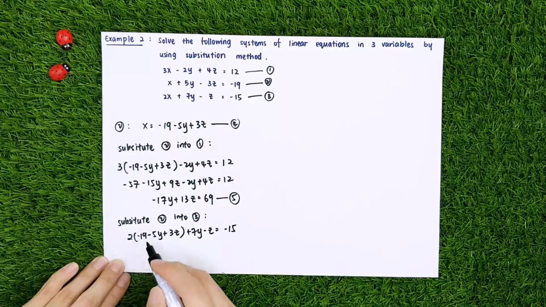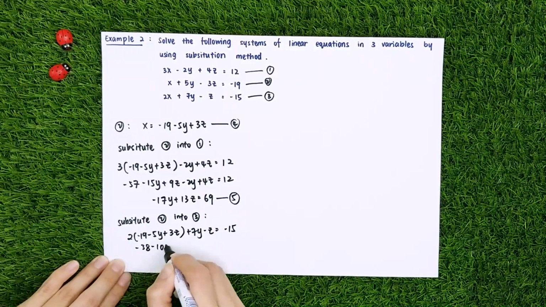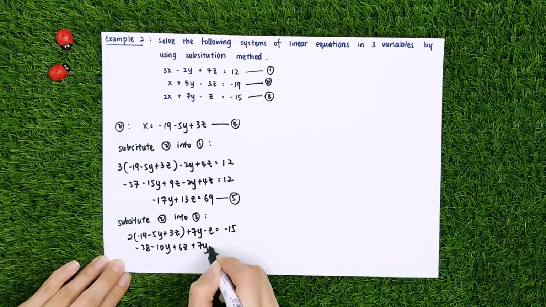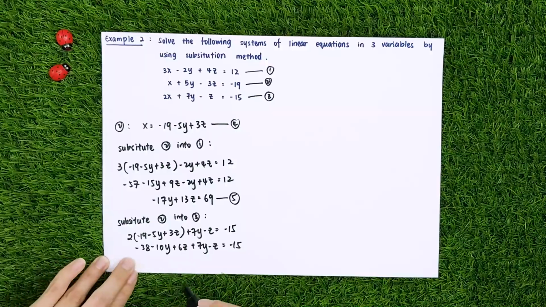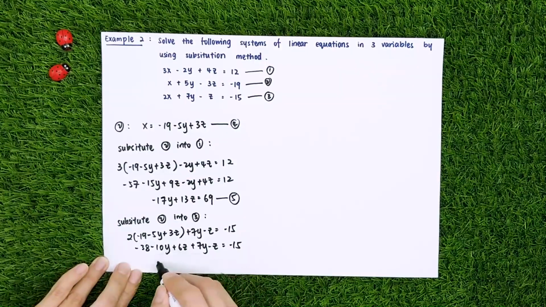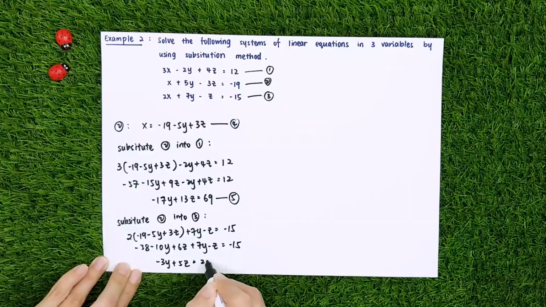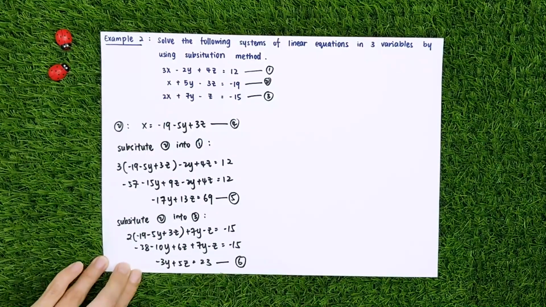So you times inside, you will get negative 38 minus 10y plus 6z plus 7y minus z equals to negative 15. So you rearrange it, you will get minus 3y plus 5z equals to 23, which is your new equation I label as equation 6.